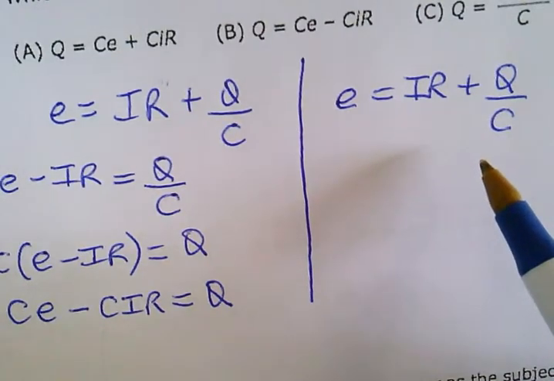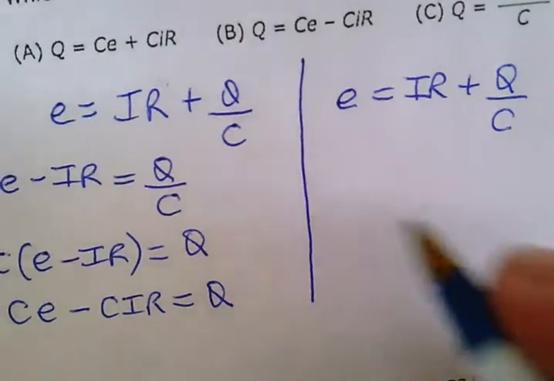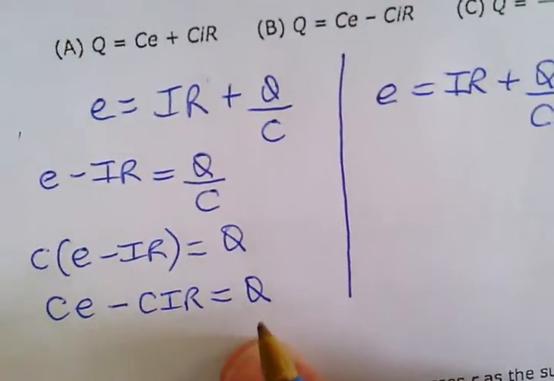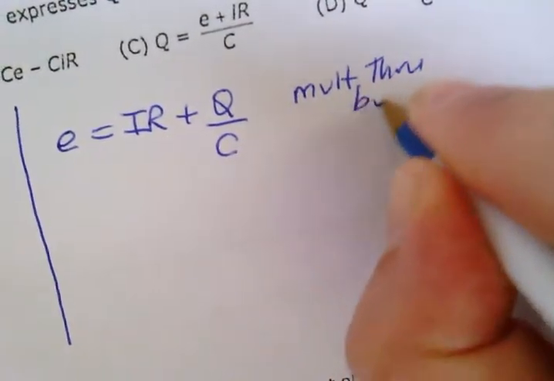If you decided to get rid of that C first and multiply by C, you have to multiply both sides by C. Are you okay with that? So the other way is to multiply through by C.